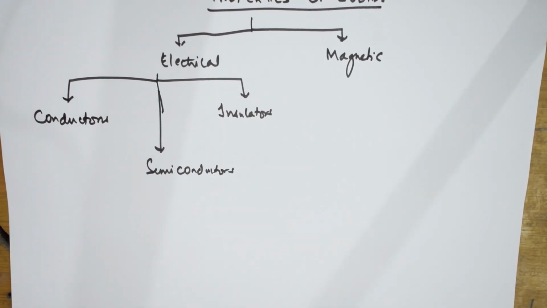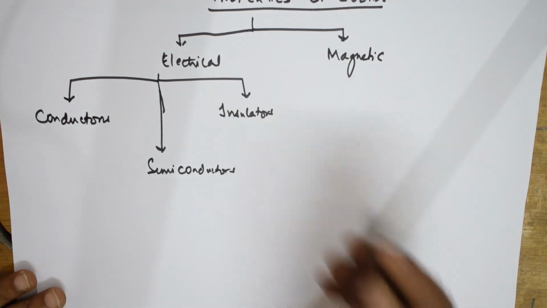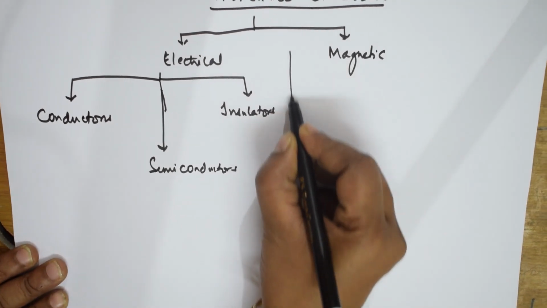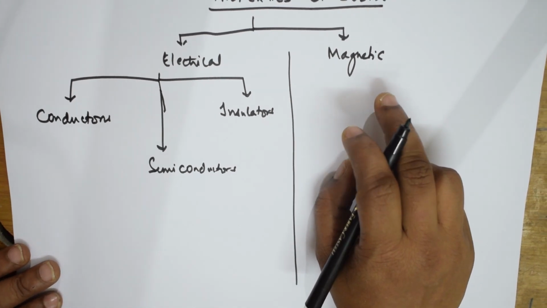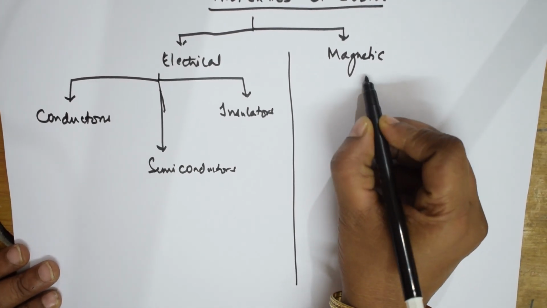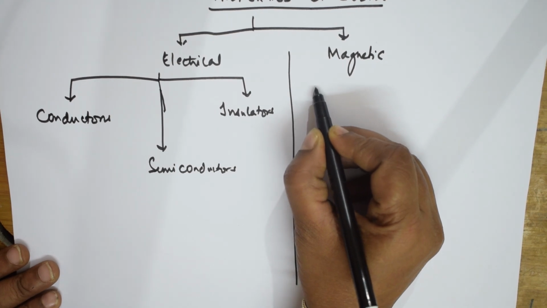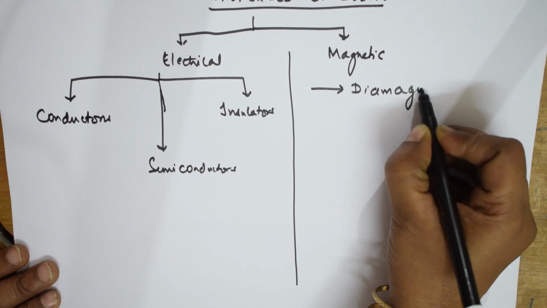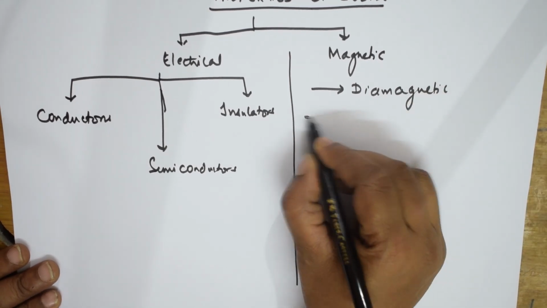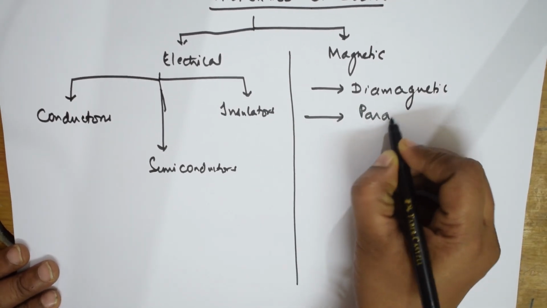I'll say that also. When I have to speak about the magnetic property, okay, let me draw one line like this, right? So when I speak about magnetic property, the different types of magnetic property which I need to study. What is the first one? The first one is diamagnetic in nature. Diamagnetic. We will see how the domains are arranged. The next variety is paramagnetic.